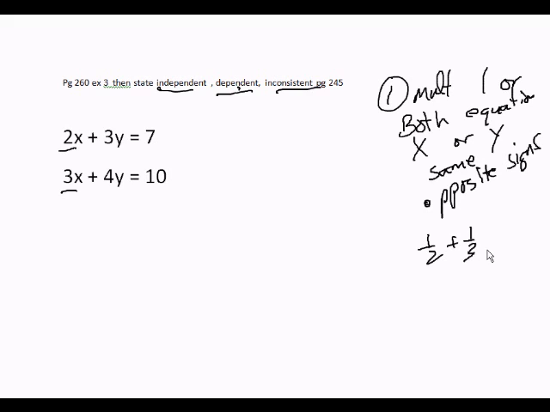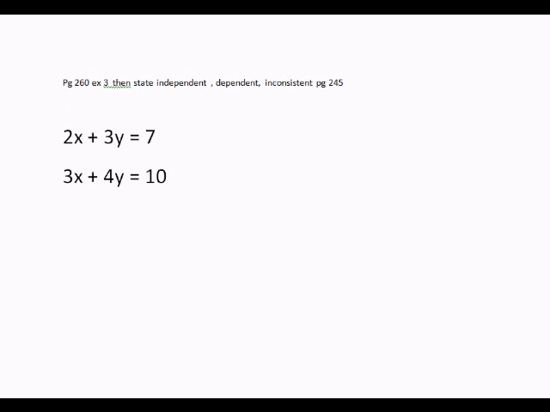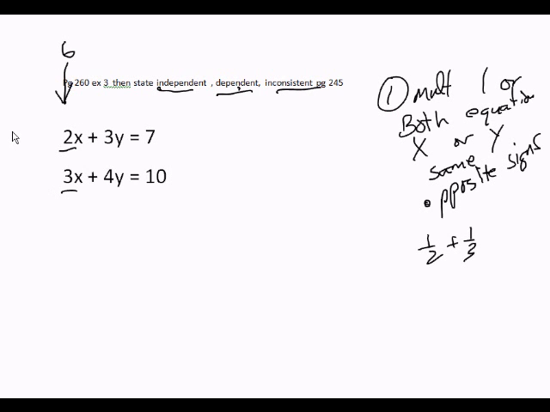If these were fractions, 1/2 and 1/3, what's the common denominator? Perfect. So if I'm going to get the x's the same, I want to turn them both into 6. I look at them and ask what's their common denominator. I'm going to turn them both into 6. What do I have to multiply the top row by to get a 6 for x?